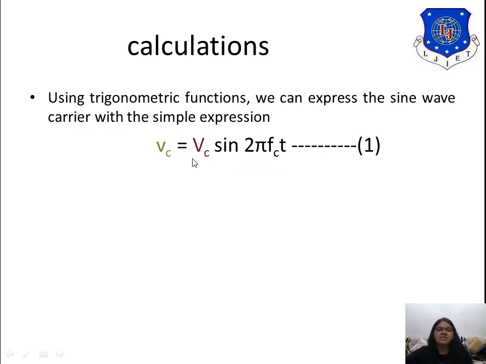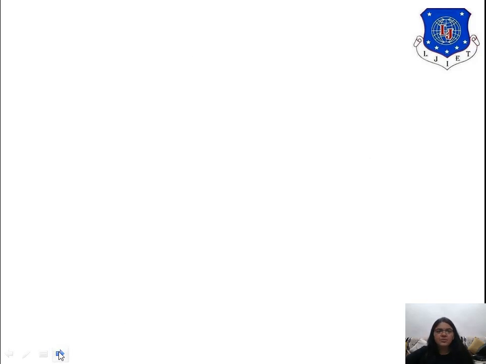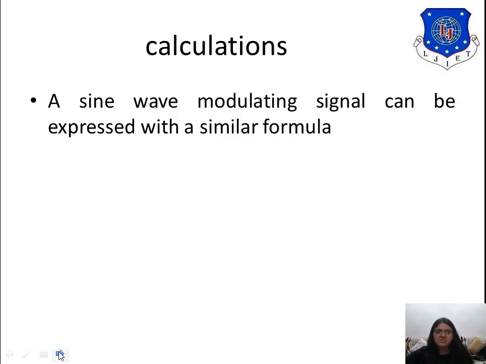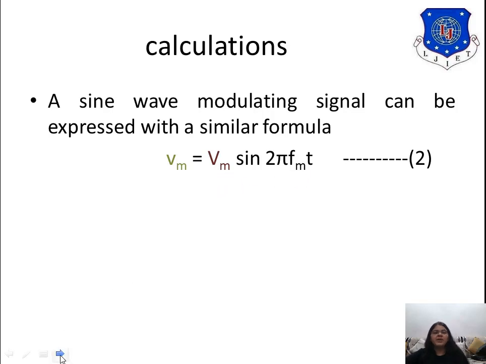Now another thing: for getting proper modulation, always the Vm value, the amplitude of the modulating signal, is less than the amplitude of the carrier signal. So we are again finding the instantaneous value of either the top or the bottom value, that is V1.